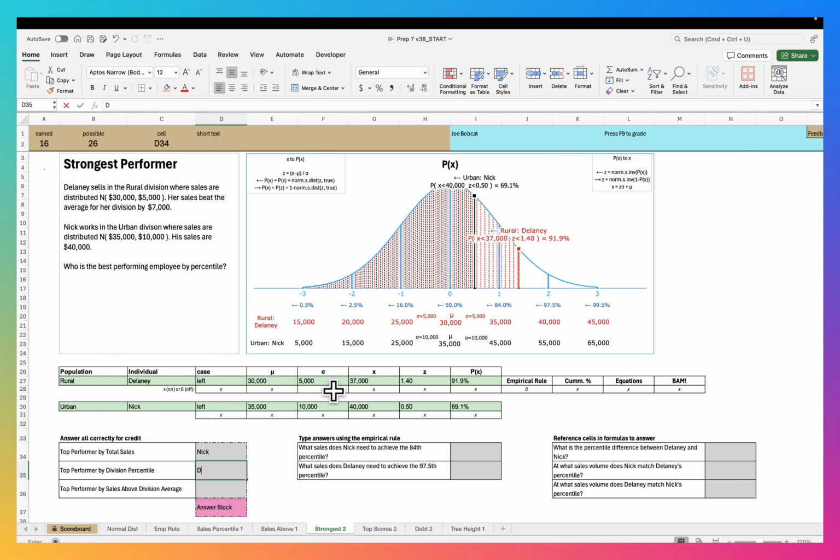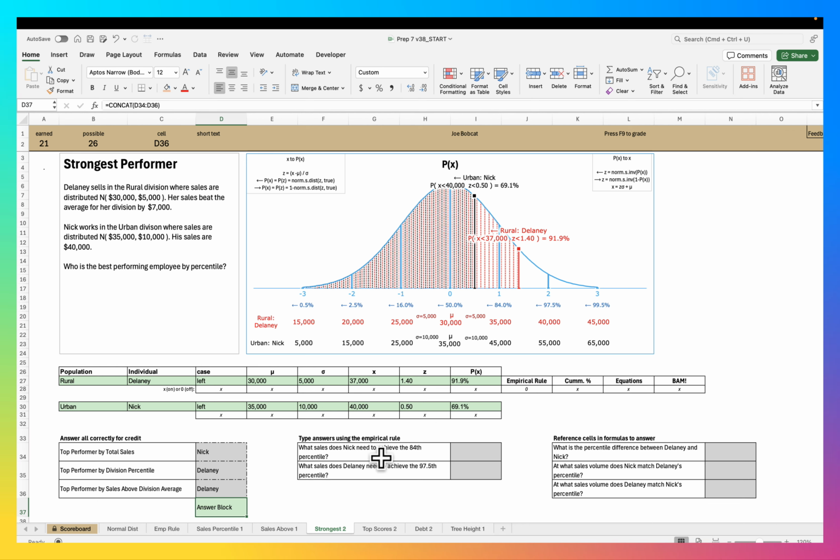So this is Delaney. And top performer by sales above division average. Okay, again, it's Delaney, right? She is well above her division average.